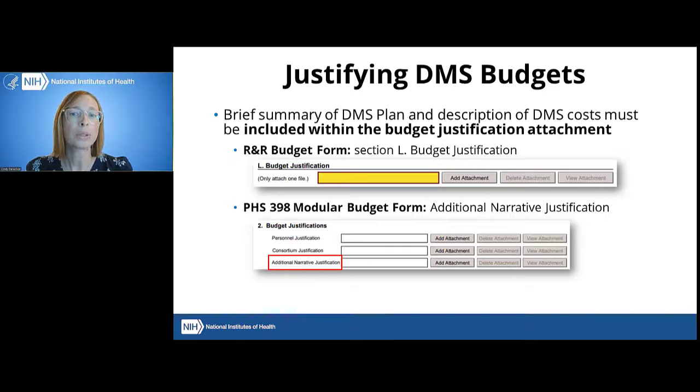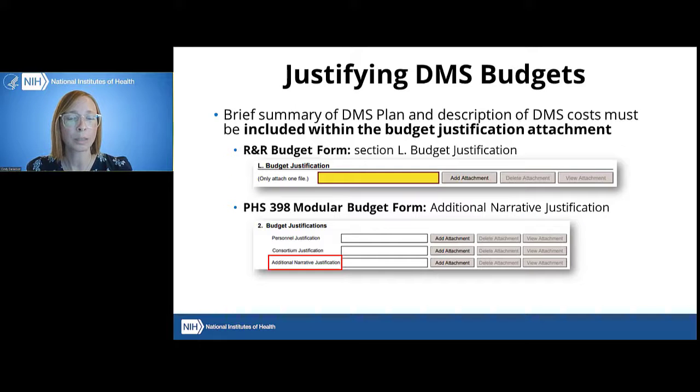In addition to the actual dollar amount, you'll also include a brief summary of the DMS plan and a description of the requested DMS costs within the budget justification attachment. Instructions with more details about exactly what to include here will be available by the fall. Again, the location varies depending on whether the applicant is submitting a detailed budget or a modular budget. For detailed budgets, you'll include this information as part of the budget justification attachment alongside justifications for other types of costs.